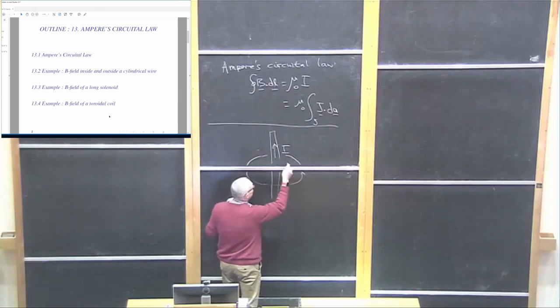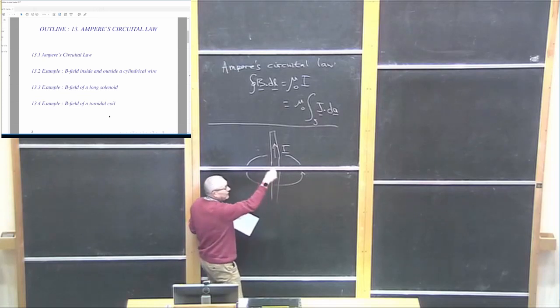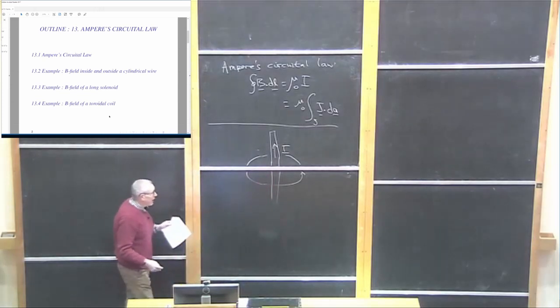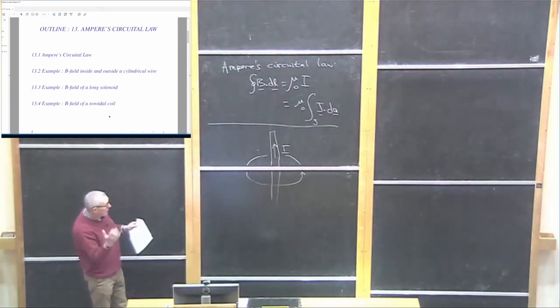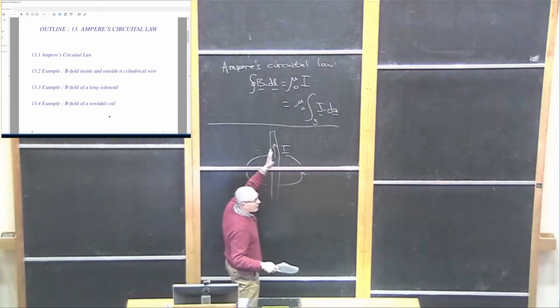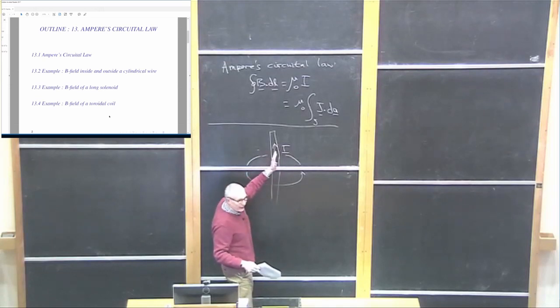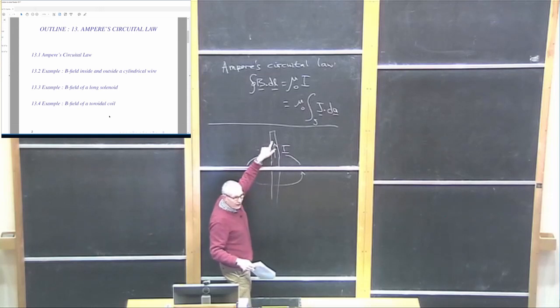Yesterday I did the field outside the wire, so I'm going to repeat that, and then I'm going to calculate the magnetic field inside the wire due to the current.